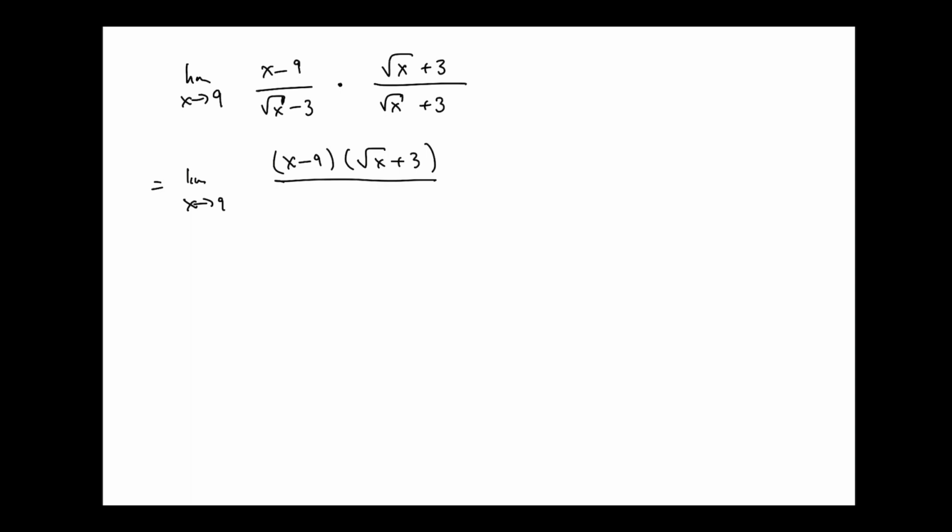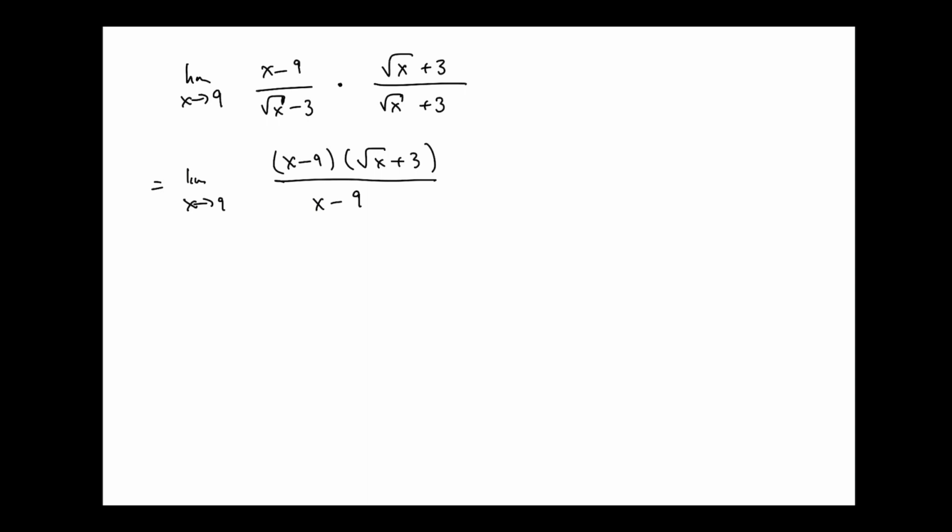And this is again why the conjugate is such a brilliant trick, because what do we get when we do this? Just x minus 9. Whenever you've got something minus something times something plus something, the outer and inner terms when you FOIL cancel because one of them has the opposite sign of the other. And so you're just left with the squares of the two individual terms, which is nice.